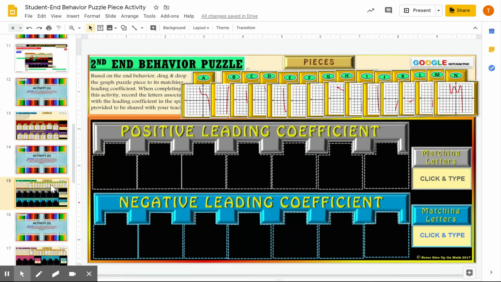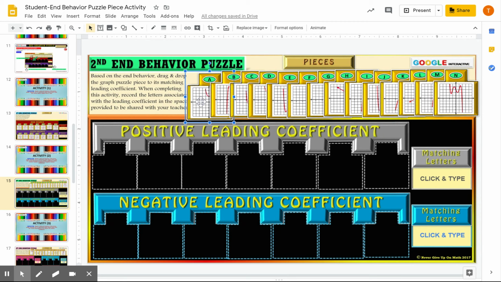All right, let's move on to activity 2. Activity 2 is very similar, but now it's talking about positive leading coefficient and negative leading coefficient. So we can't really use whether they're going the same direction or different directions to determine this. But we can still use direction, specifically the direction of the right-hand side. So what's happening on the right-hand side of the function?